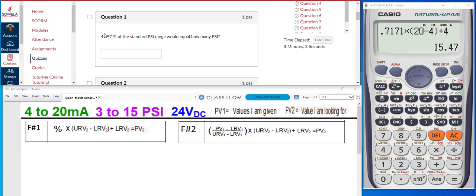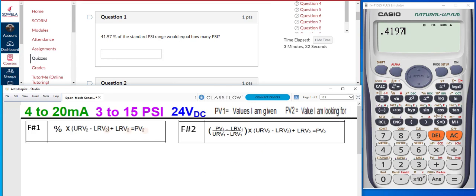Alright, so 41.97%, that would be 0.4197. Since we're given a percentage, we can use formula number 1. So the percentage, 0.4197 times, remember that my number 2 numbers is the value I'm looking for.